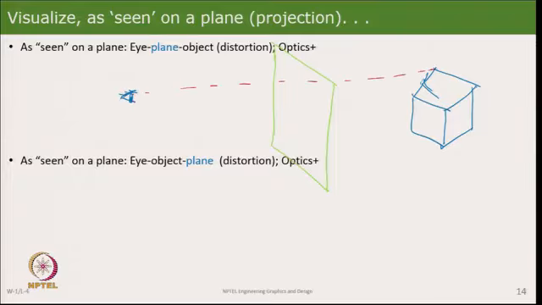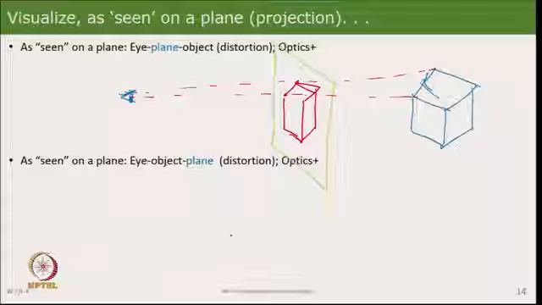this line intercepts this plane at a certain point. Similarly, this line, and by seeing it, what we end up doing is that we make an image of this object, which was 3-dimensional, on the screen, which is 2-dimensional.